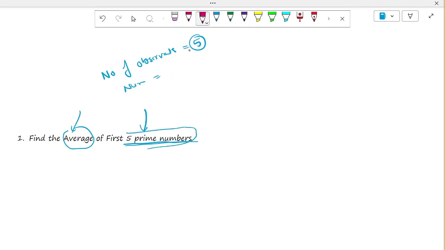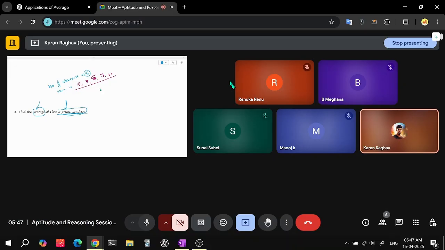So it is 2, 3, 5, 7, and then 11. These are our 5 prime numbers, and you need to find the average of this. How will you find? What is the answer? Can anyone tell me? Just try to solve this question and tell me the answer.